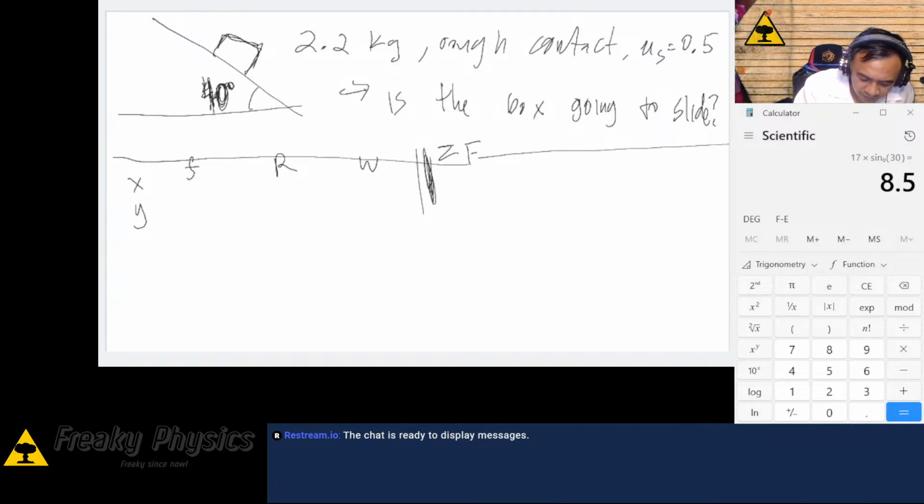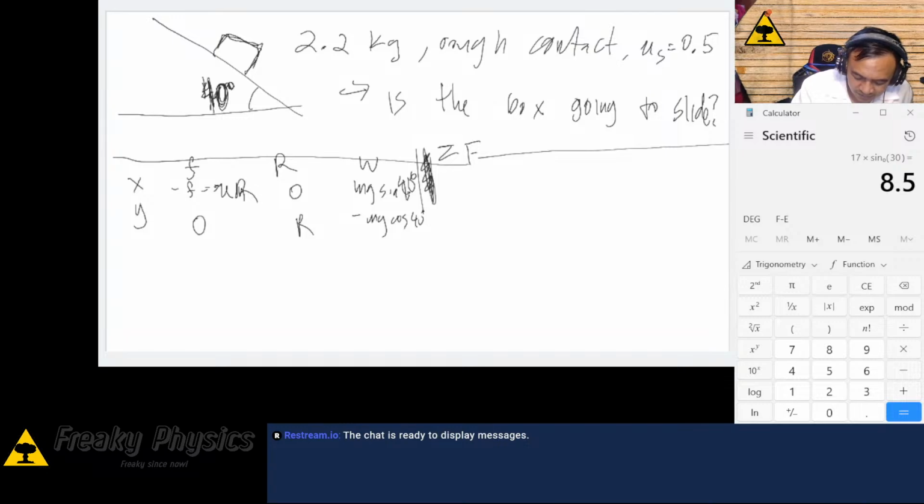Now, this is still gonna be negative F, and that's equal to negative mu R. This is 0 here, right? Then for R, x component is 0. This is R. And then we have the same thing, mg sine theta, sine of 40 degrees here, and negative mg cosine 40 degrees, right?